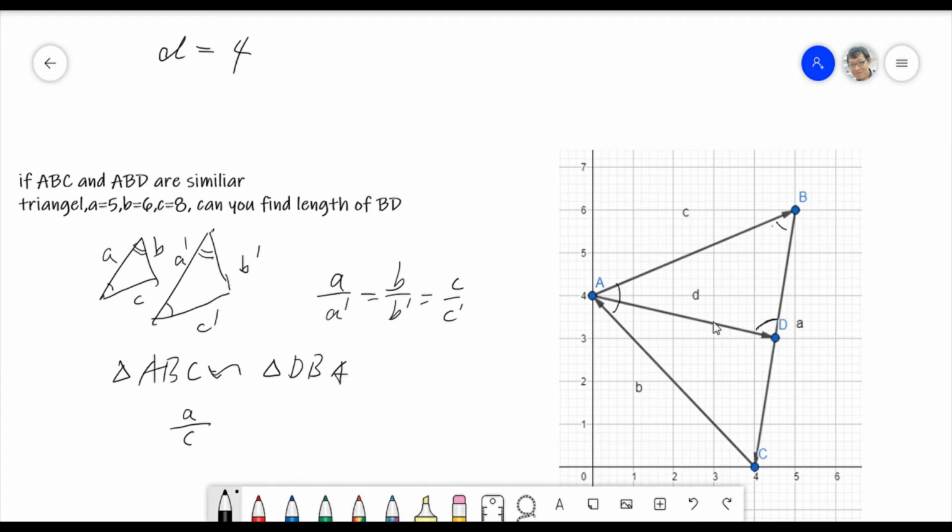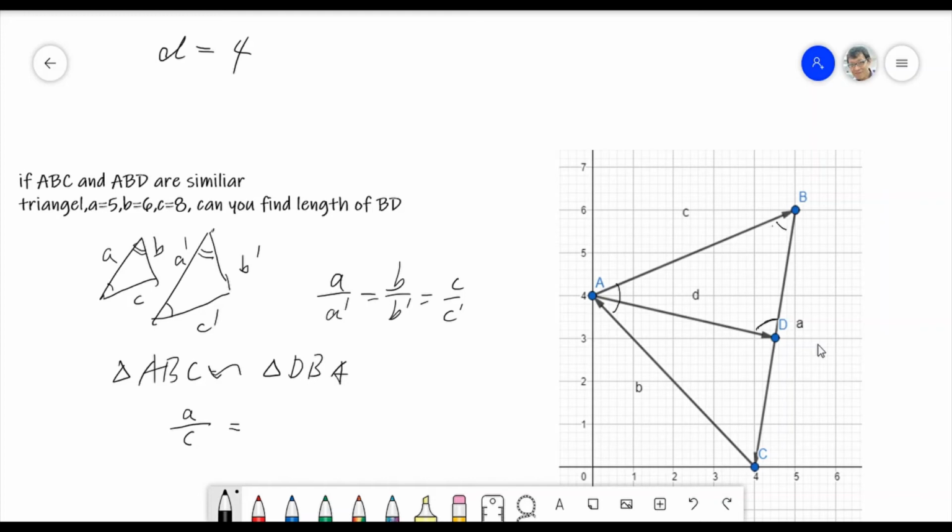So this angle ABD corresponds to C, and this angle A corresponds to A. Since they are similar, their proportions are the same. So by this way, we try to find the D.